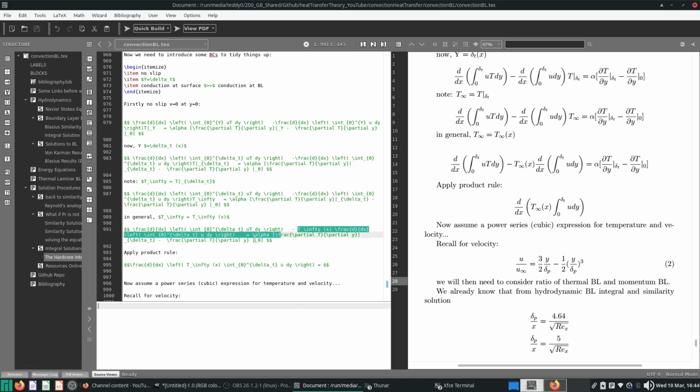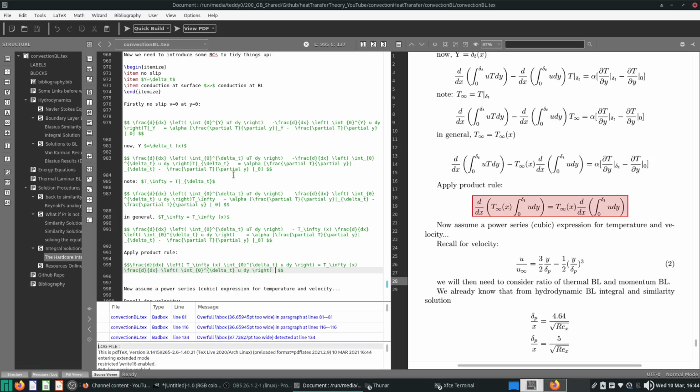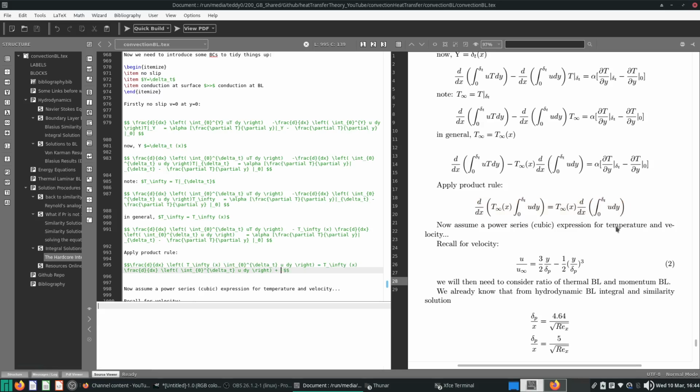Of course we have this term where we bring T infinity outside the derivative, but we also have the other term, where we bring this integral outside the derivative, and I'm going to have a bracket, fraction dT infinity of x dx.